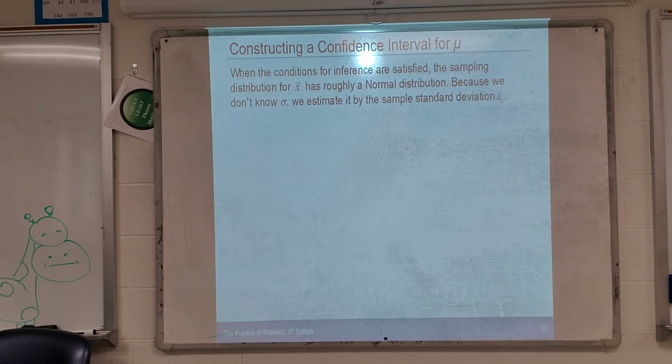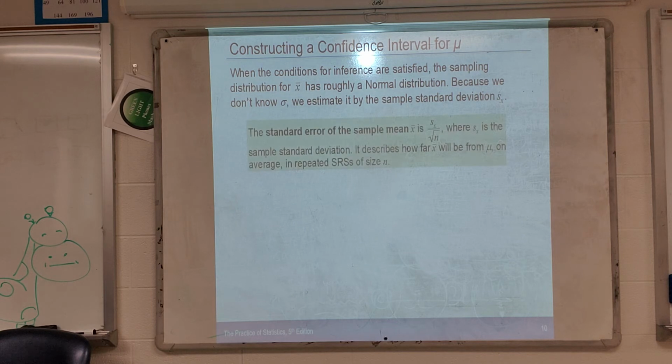All right, so when the conditions for inference are satisfied, the sampling distribution of X bar has roughly a normal distribution. Because we don't know sigma, the population standard deviation, we estimate it by the sample standard deviation S of X. The standard error of the sample mean then is S of X divided by the square root of n, where S of X is the sample standard deviation, and it describes how far X bar will be from mu on average in repeated simple random samples of the same size n.